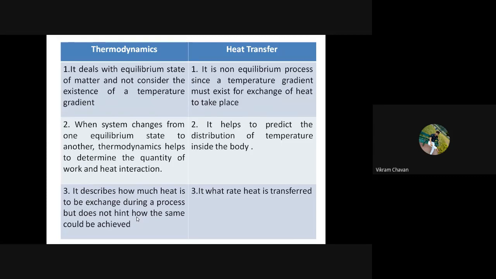Thermodynamics does not tell us how much time is required to change that particular state, whereas heat transfer provides the rate of heat transferred. From that rate we can find out how much time is required to complete that process of a change of state.